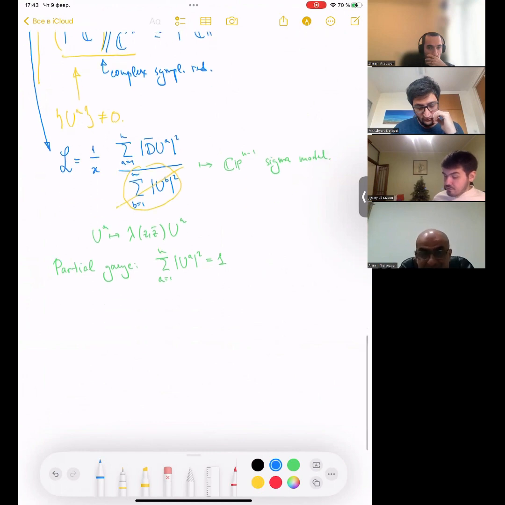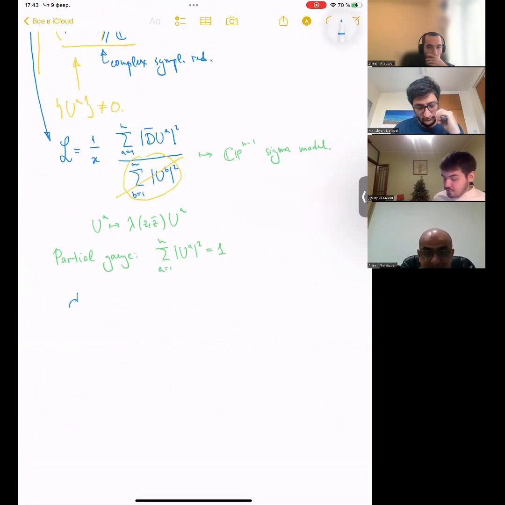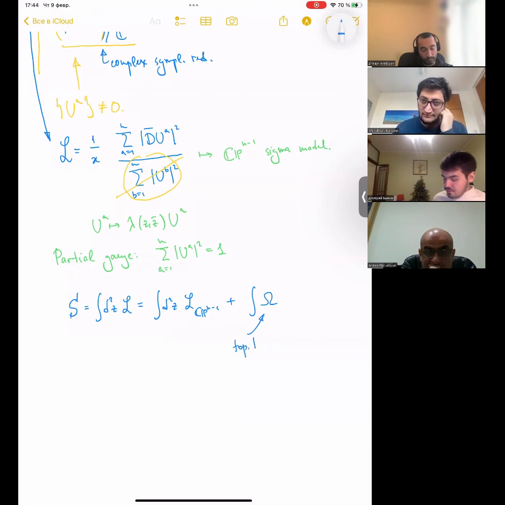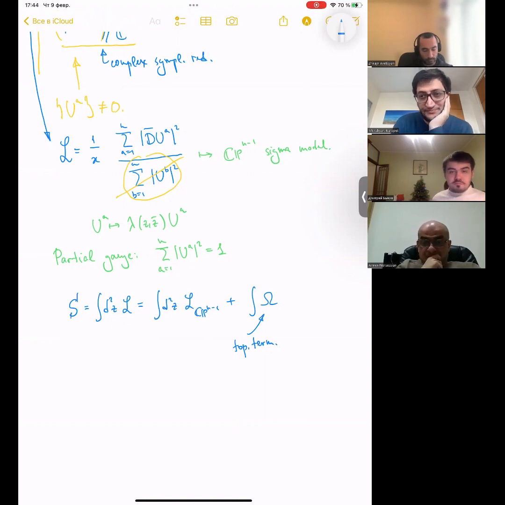And then the action is the integral of the Lagrangian. This is the Lagrangian of the CP^N model plus a topological term. So at least classically, these are equivalent systems.